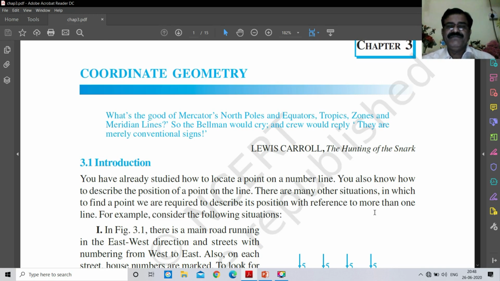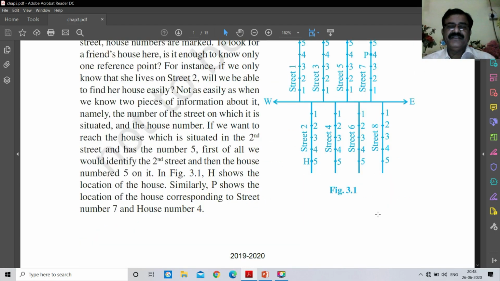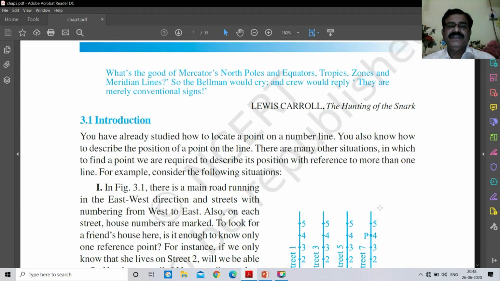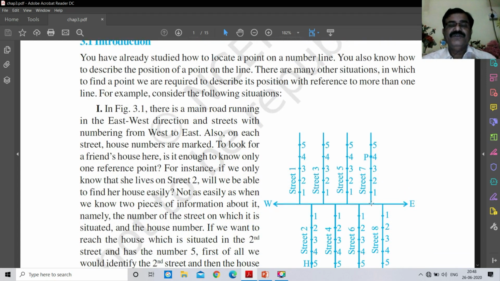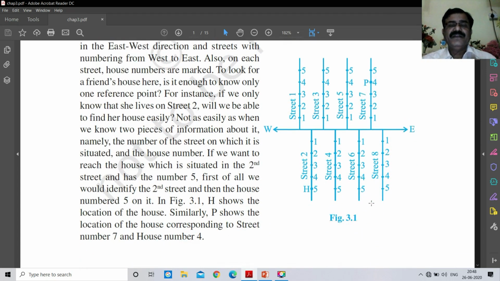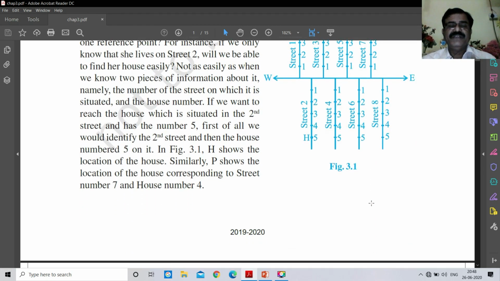So in a specific quadrant we can obtain different points which describe their x and y values. The specific x value is called the abscissa, and the distance along the vertical line, which is the y-axis, is called the ordinate. In earlier classes we studied how a number line can be easily allocated, and you can see there are different types of examples given.